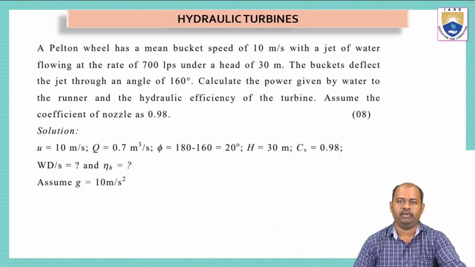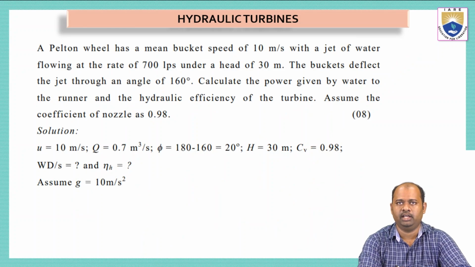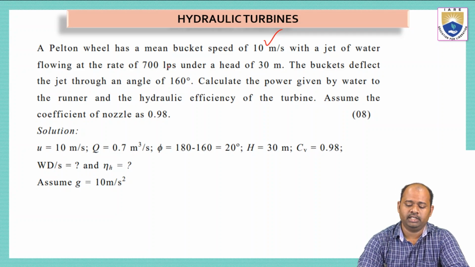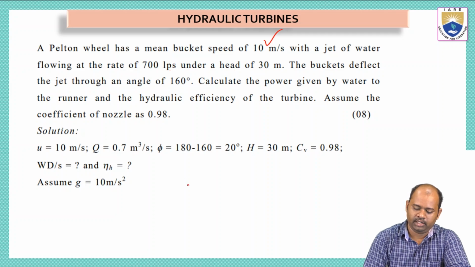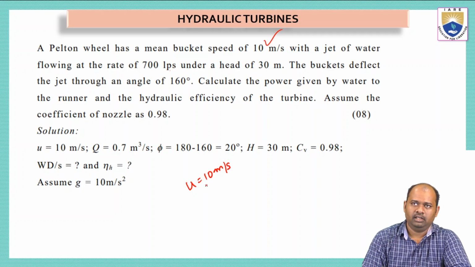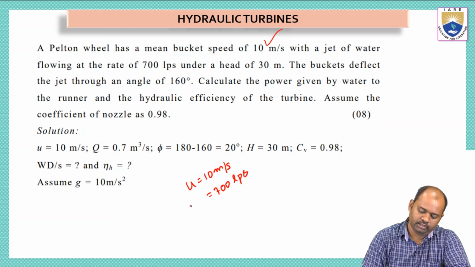Now let us try to solve another question that is based on the Pelton wheel again. The question goes like this. The Pelton wheel has a mean bucket speed of 10 meters per second with a jet of water flowing at the rate of 700 liters per second. So I will write the given data here. U is nothing but 10 meters per second, the velocity of the bucket, and a jet flowing at a rate of 700 liters per second, LPS, liters per second.